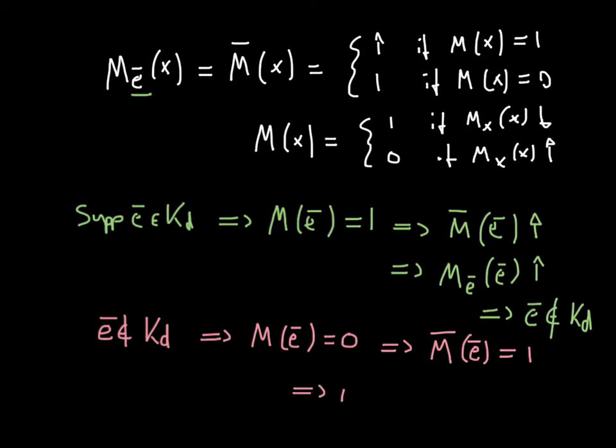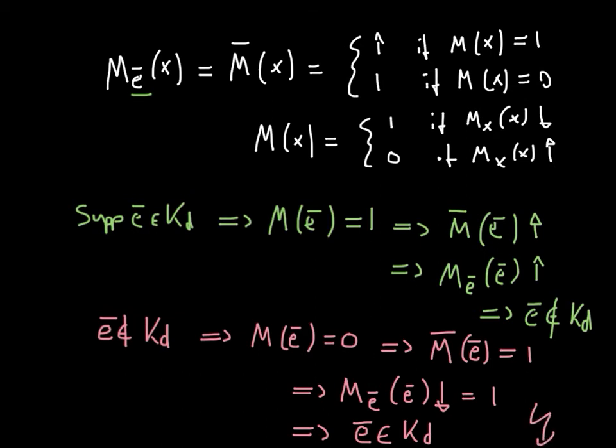So it means that m sub E bar of E bar halts and is equal to 1. But this means, in turn, that E bar is in KD, which is, again, the contrary of what we assumed.